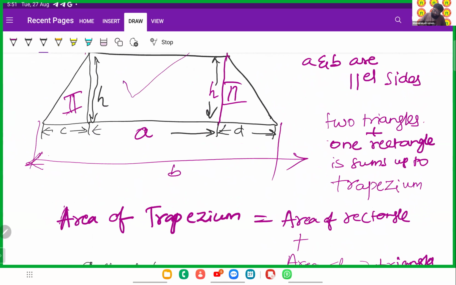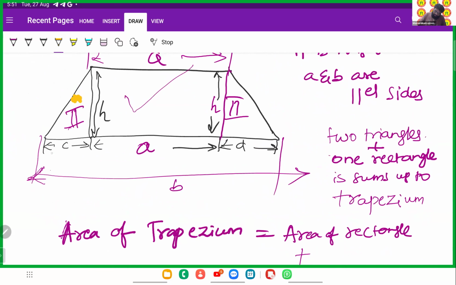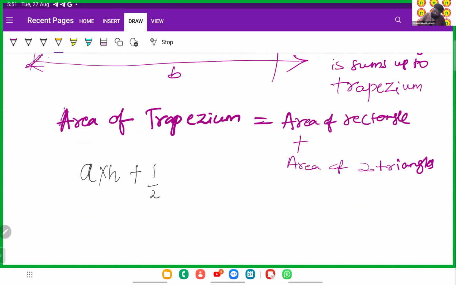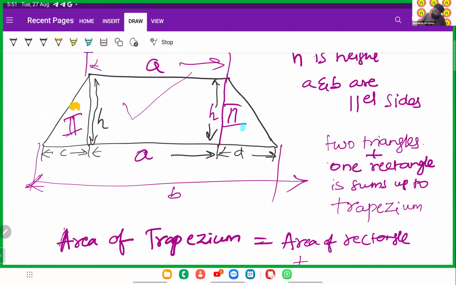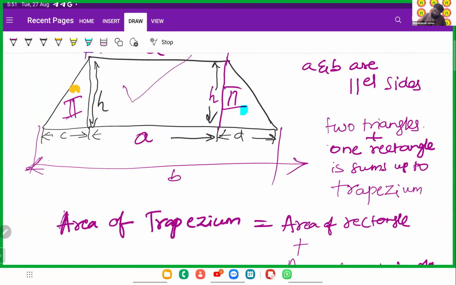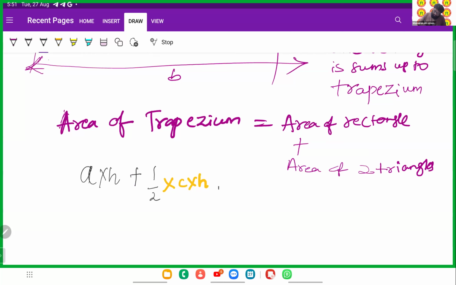Let me consider this yellow dotted triangle: half into base C and height H, so half into C into H. And this blue highlighted one is another triangle, with base D and height H, so plus half into D into H. Are you getting my point? Any confusion till now? No, sir.